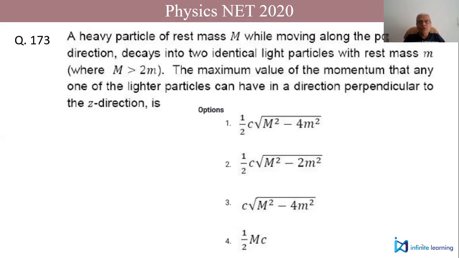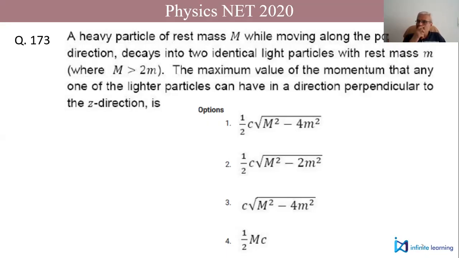So what we have to do here is go into the rest frame of capital M. In relativity, you are allowed to change the reference frame. So instead of being in the laboratory frame in which mass capital M is moving, we will go into the frame in which mass capital M is at rest.